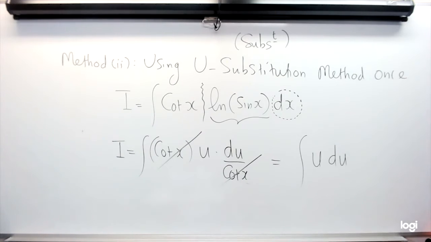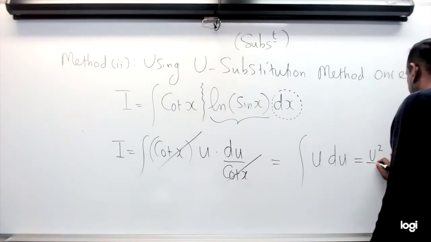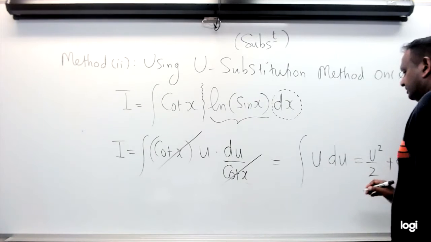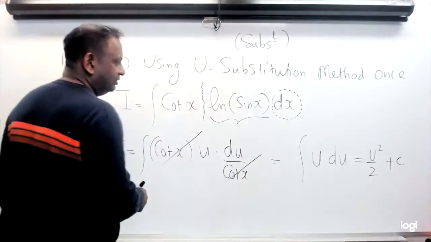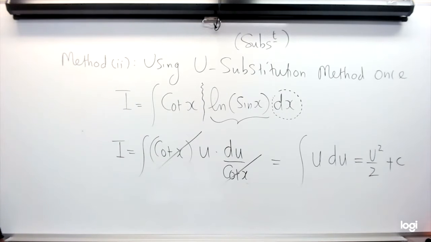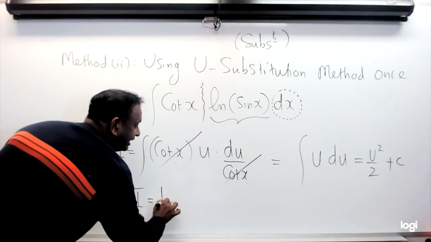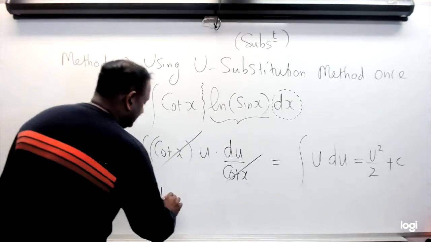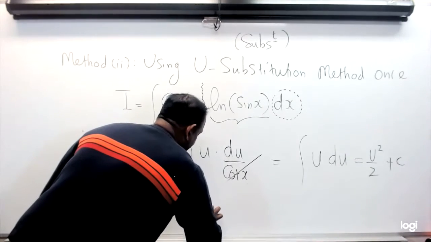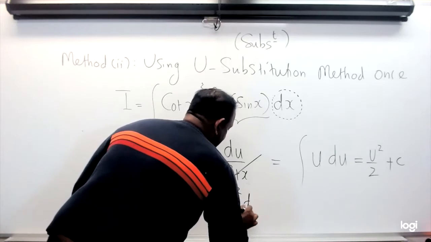So now you integrate with respect to u. U squared over 2 plus c. Now you can replace u with whatever you assumed as u in the beginning. Therefore, I equals half, ln sine x whole thing squared, plus c.